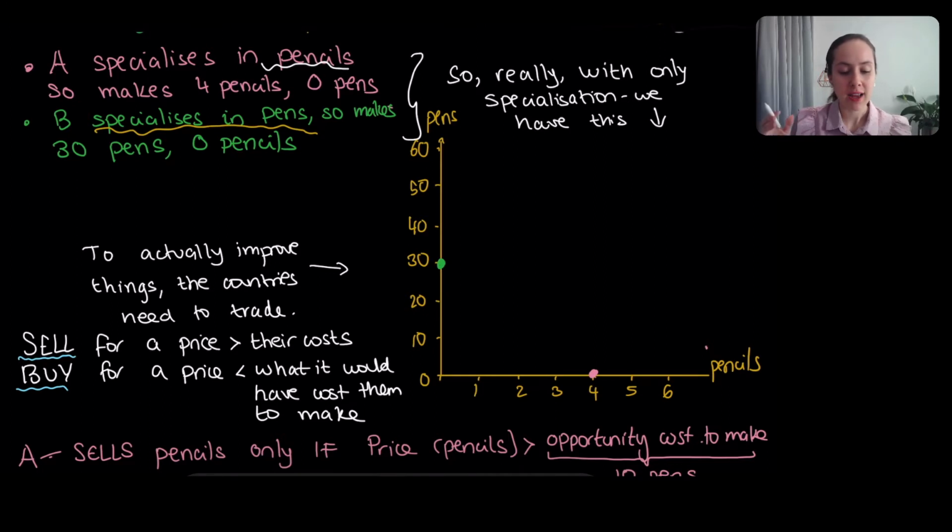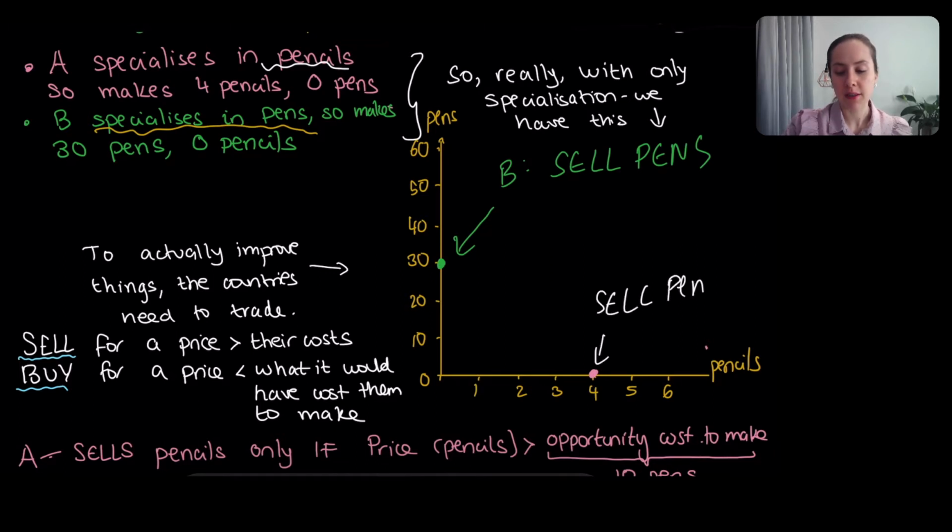For each country to want to sell the good that they make, country B is going to have to sell pens, and country A is going to have to sell pencils. They both have to be selling them for a profit.